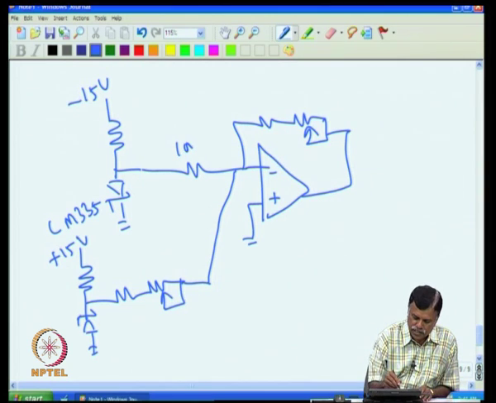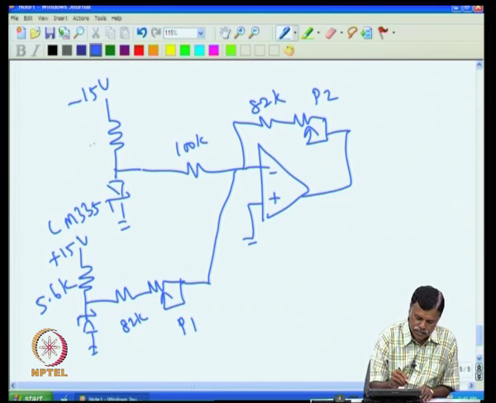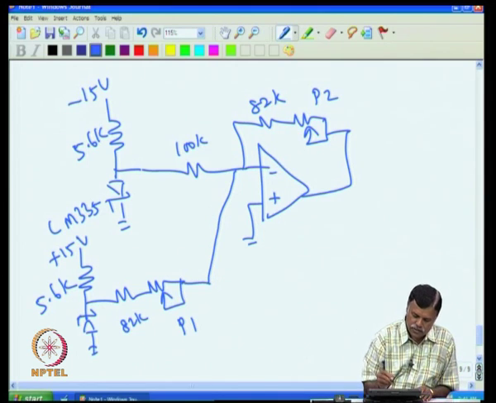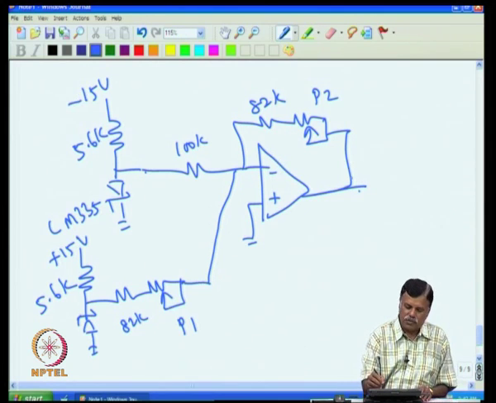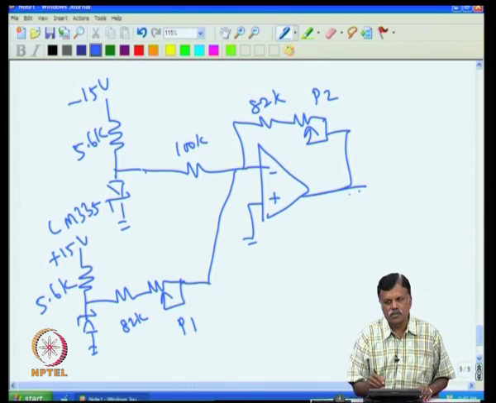So, I can have this 100 K, and that is P2, and you have 82 K, and this is P1, and this is 82 K, and this is that 5.6 K, and then this is also around 5.6 K. So, that makes the output go positive when the temperature goes up, because when the temperature goes up, this voltage will go up. So, that minus going up will make the plus go up at this point. So, V0 becomes plus now. So, this also can be done to give positive voltage.